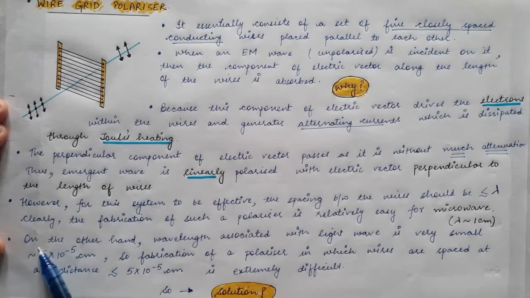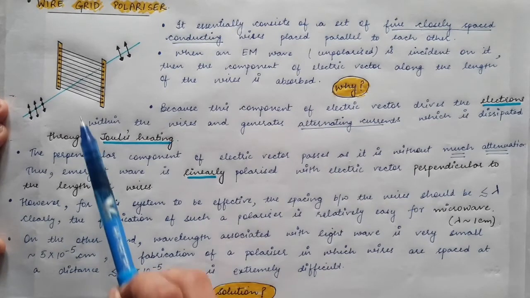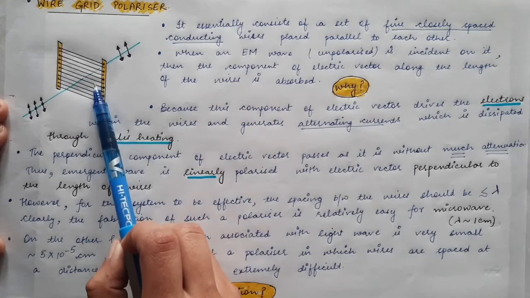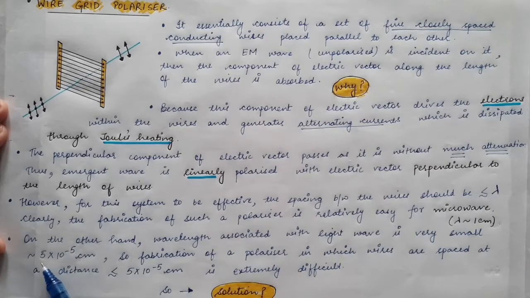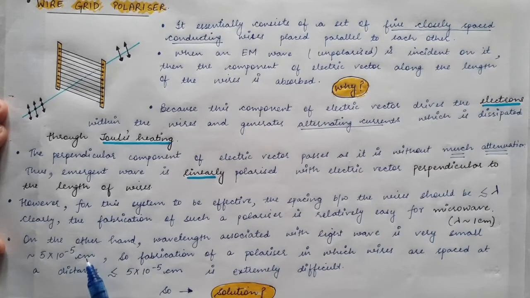So to construct a wire grid polarizer for polarizing the visible light is very difficult, because for it to be effective, the spacing between the wires should be less than or of the order of the wavelength of the light.